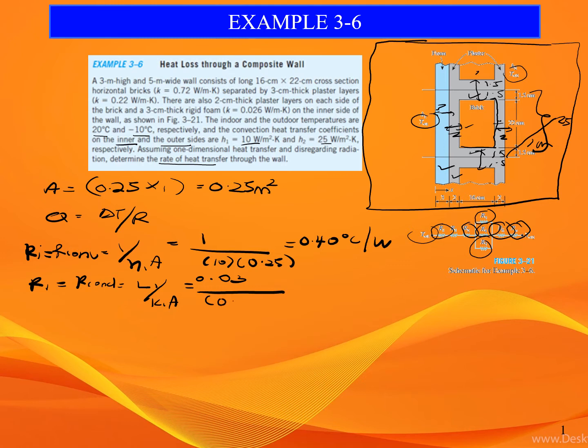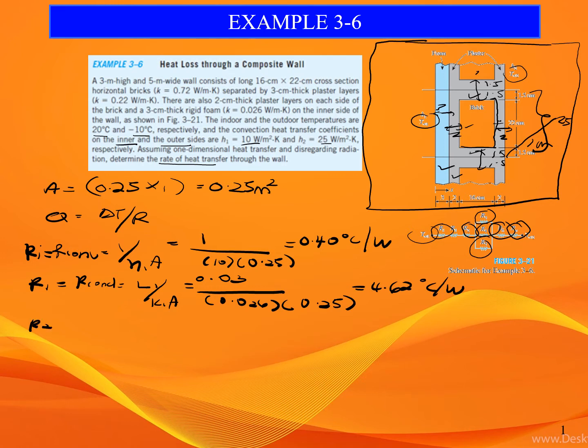Sorry, 0.72 is for brick. For the foam it is 0.026, times area 0.25. The answer would be 4.62 degrees Celsius over watts.